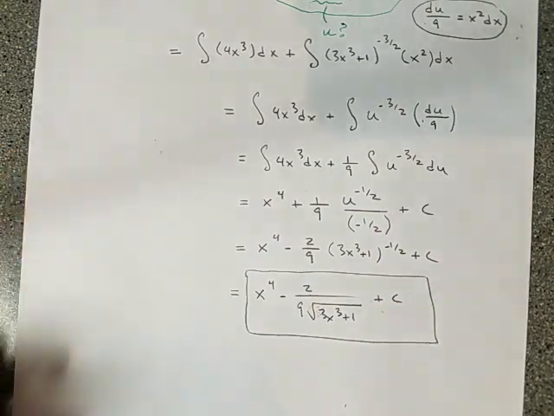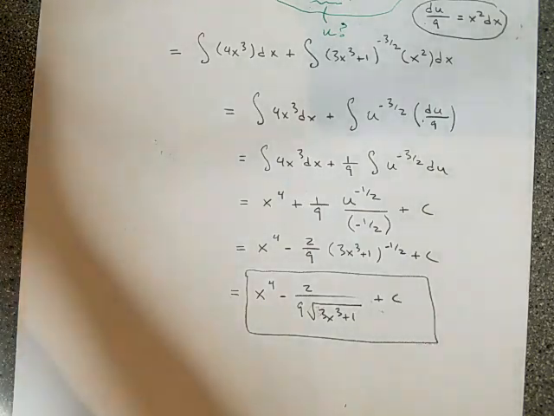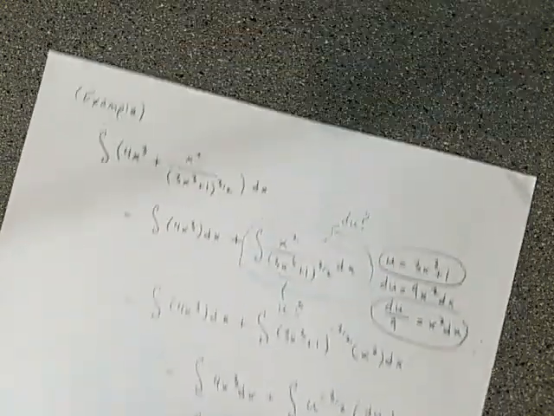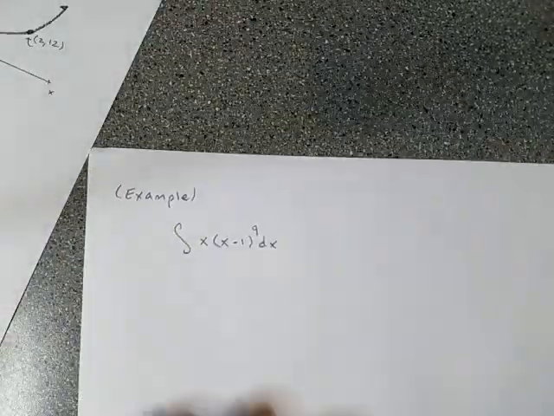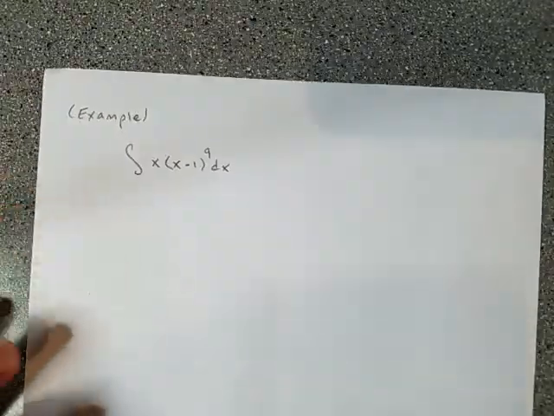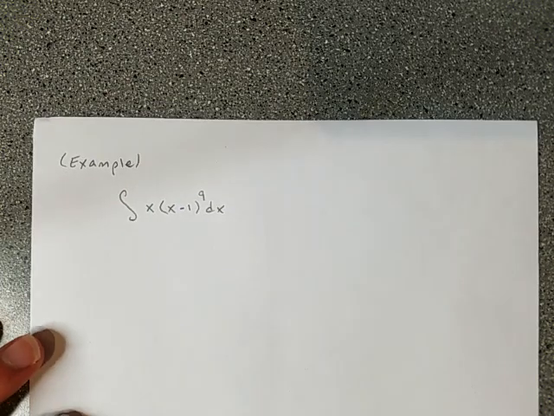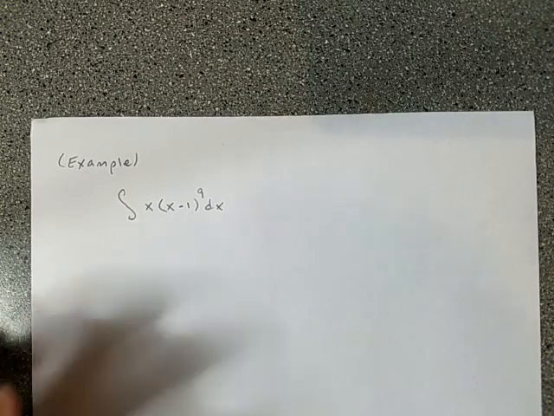Okay, so let's look at now something a little bit different than all of them I've showed you. I guess this one doesn't really look like it'd be extremely difficult or much harder, but let's see.